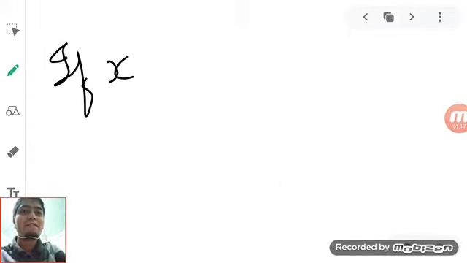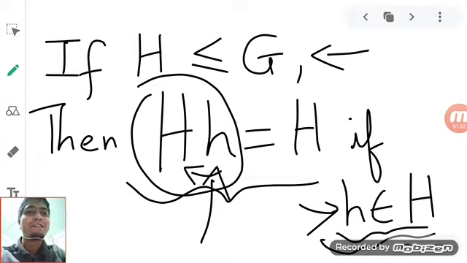So again, if you have something like this, if x belongs to H, again, I repeat, this small h is just a notation. It can be anything.